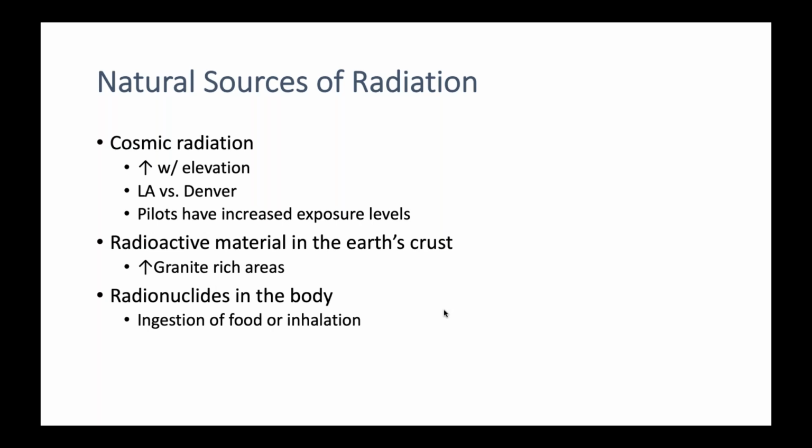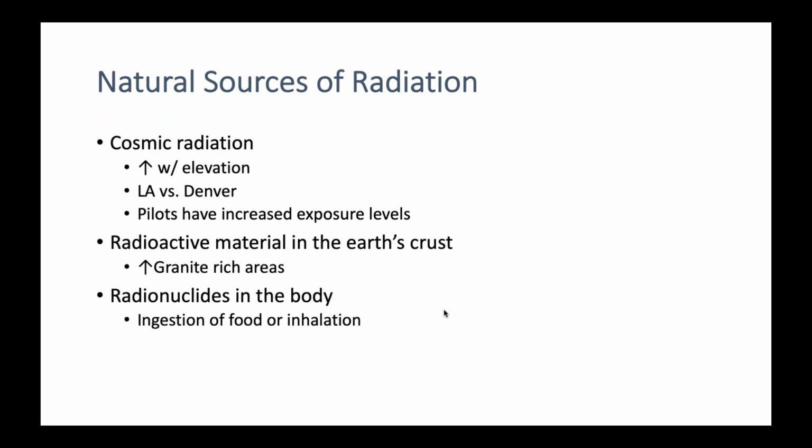Of course, we have our atmosphere, which shields us from some of this stuff, but as you increase elevation, you are exposed to more of this natural radiation. And if you're a pilot or you work for an airline, you have a significantly increased exposure from being at 35,000 feet.